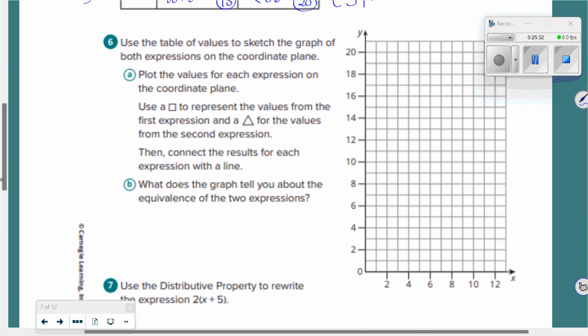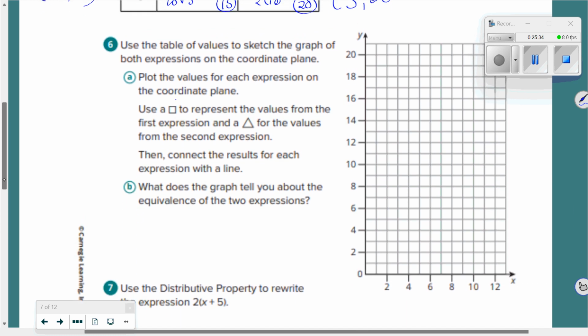So let's look at the first one. It says use a square to represent the first expression. My first one was 0, what? 0, 5. Okay, so I start at 0. I can't go left or right. Up to 5. And I put a square. Yes?